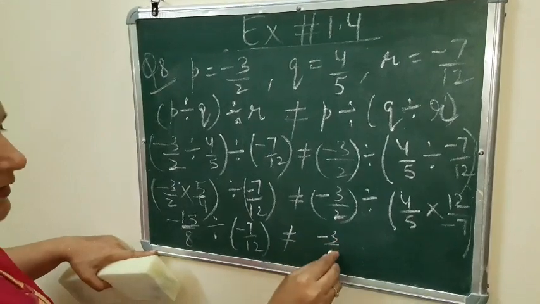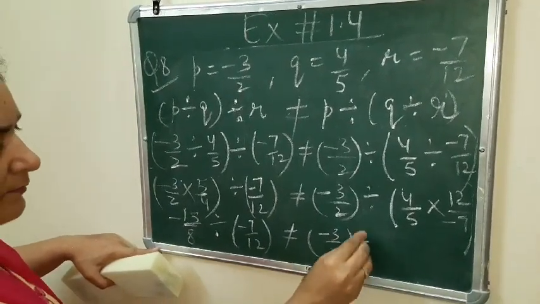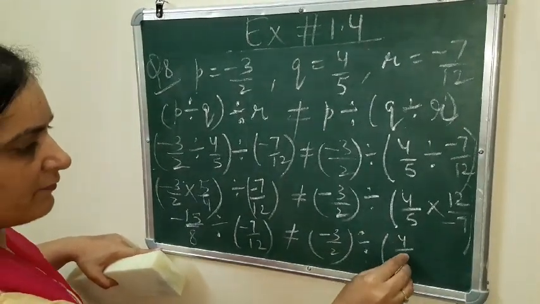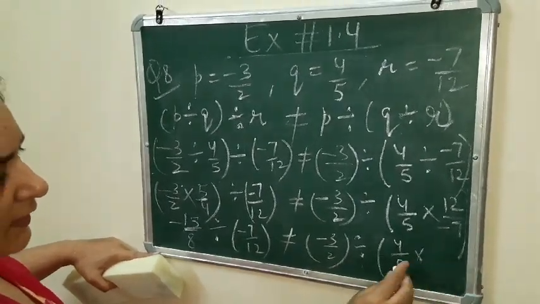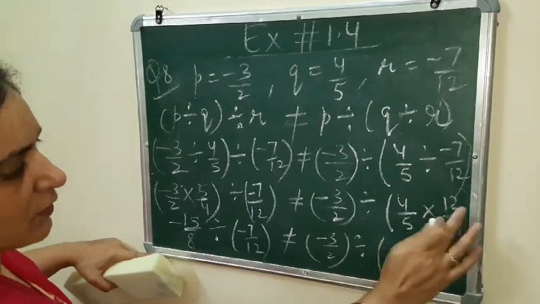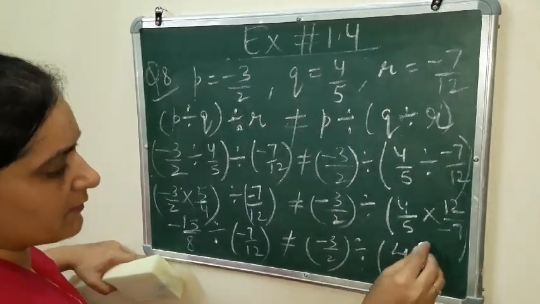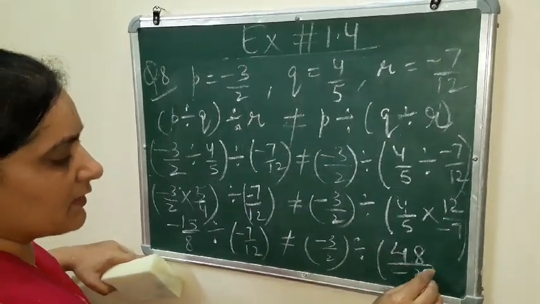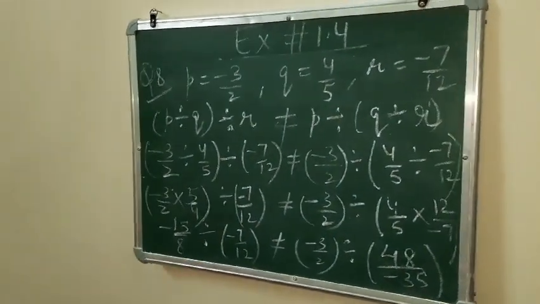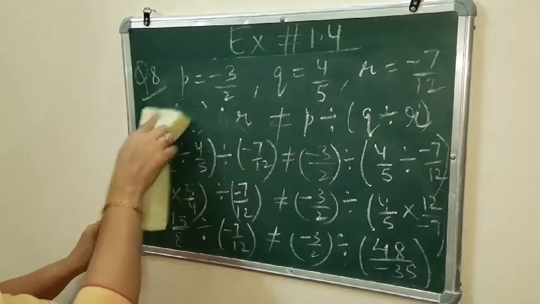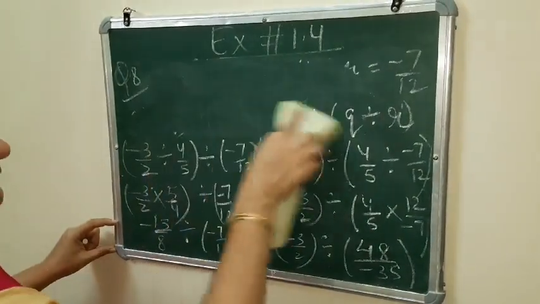Minus 3 by 2 as it is, solve the bracket. 4 by 5 multiply by, sorry, we have not cut anything, we just have to multiply now. 12 4s are 48 and 5 7s are 35. Now again division is there, so we'll solve this division also on both sides.